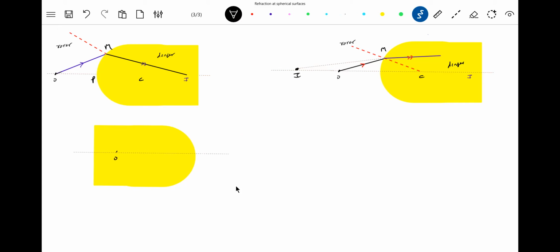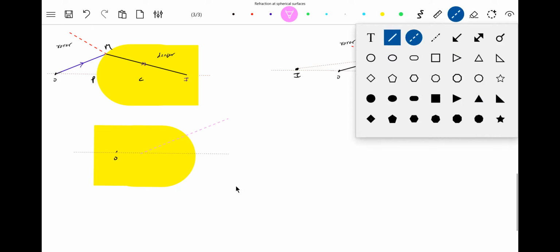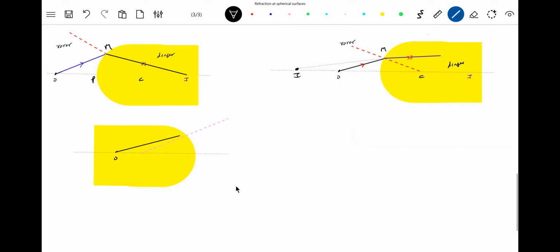Let this be the object, and this is the radius of curvature. This would be the normal. Now the ray will be incident. Now the ray is moving from denser to rarer, so it will bend away from the normal. So after refraction, the ray will meet here. So now where is the object? The object is in the denser medium and the image is in the rarer medium.